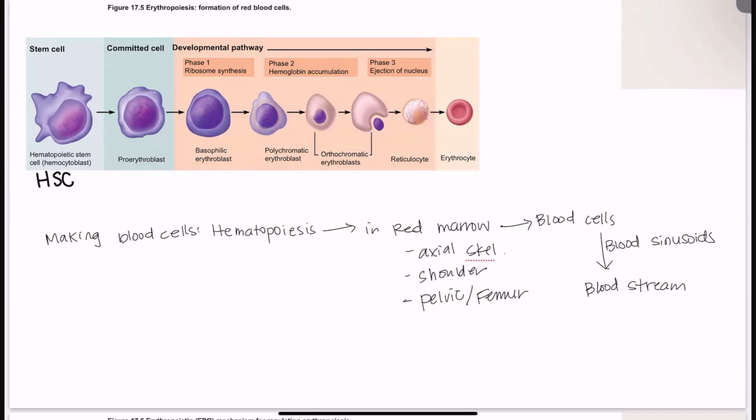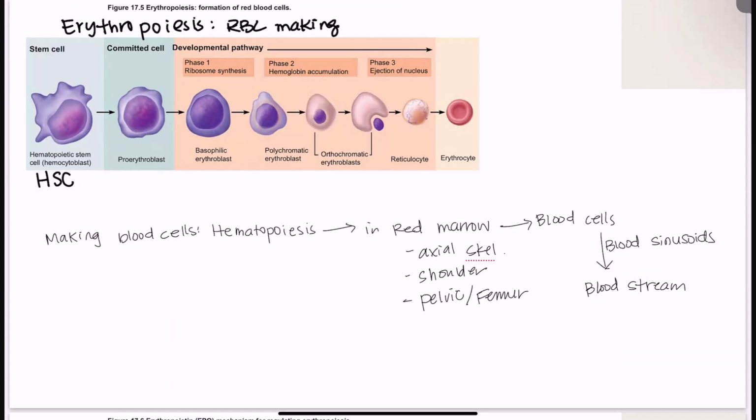The steps we take in this process are called erythropoiesis, which is red blood cell making.